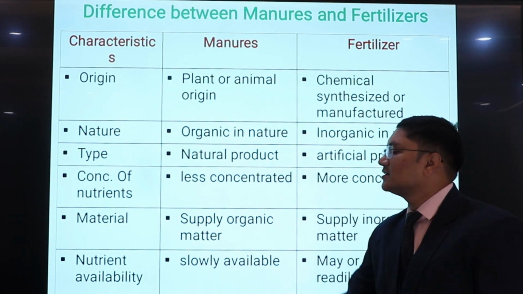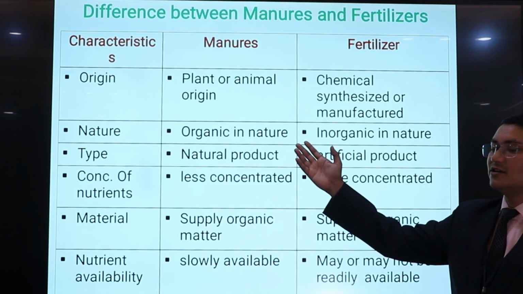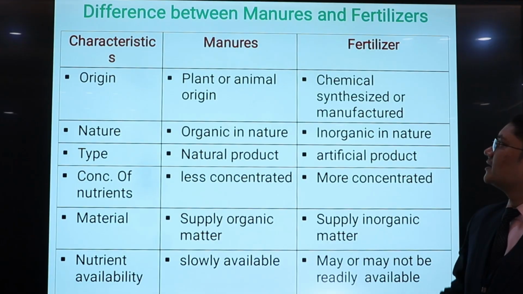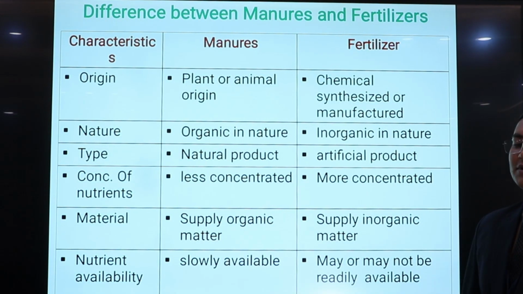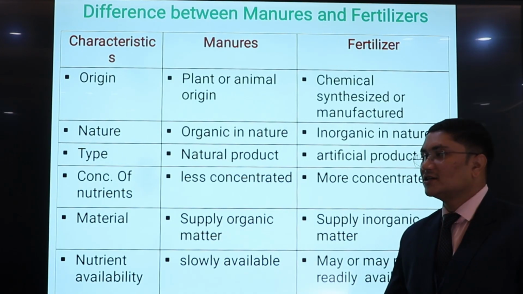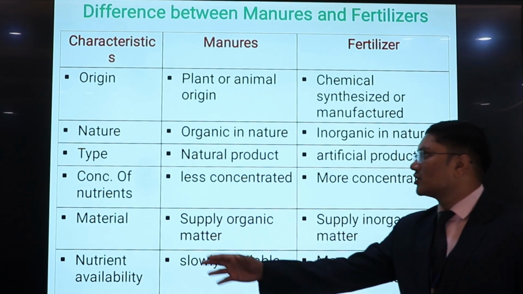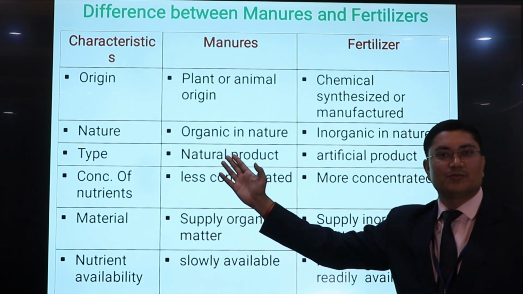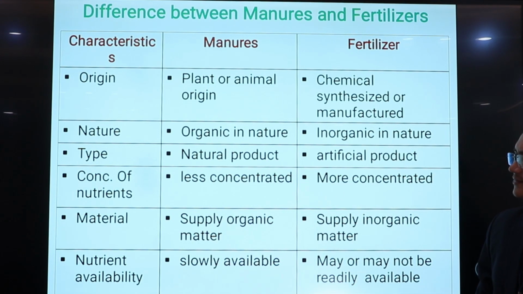By origin, manures originate from plant material and the waste material of animals, and fertilizers are chemically synthesized minerals or manufactured. Then in nature, manures are organic and fertilizers are inorganic. If we talk about type, manure is a natural product and fertilizer is a synthesized artificial product.